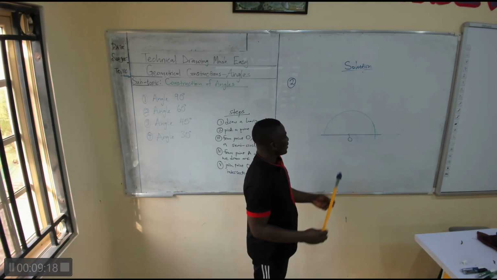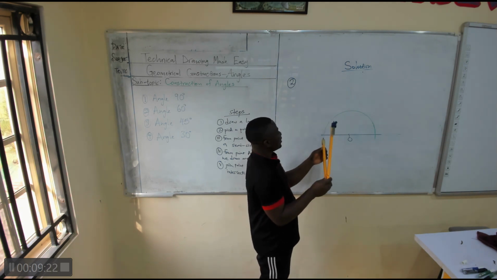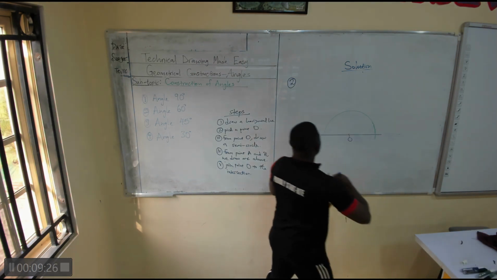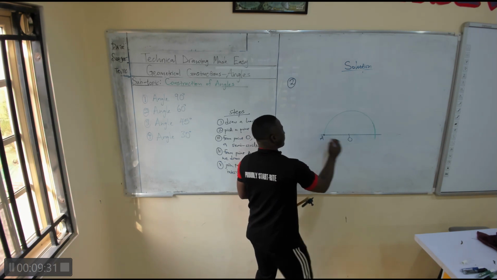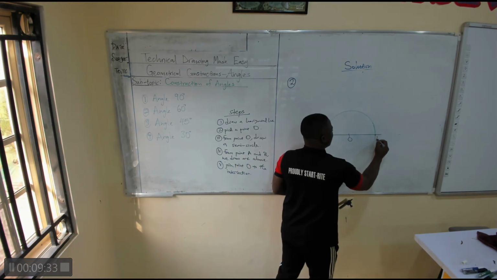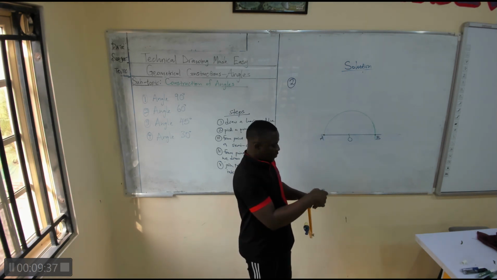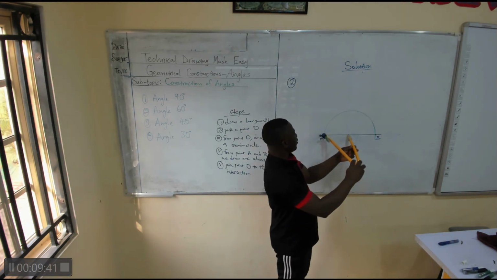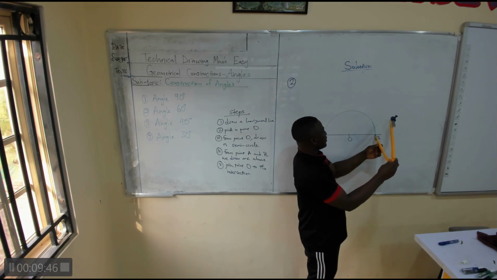After drawing the semicircle, you call this point where the semicircle meets the line A. We call this other point where the semicircle meets the line B. Then, with the same radius of the compass which you have used in drawing the semicircle, you go to point B. You place it on point B, like this.